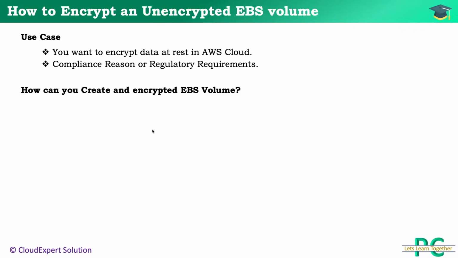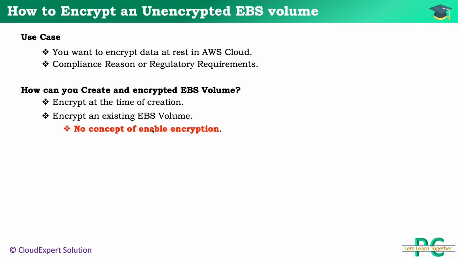Next, we will see how you can create an encrypted EBS volume. First step, while creating an EBS volume, you can encrypt at the time of creation. Now you must be thinking, if I already have an EBS volume which is not encrypted, how can I encrypt an existing EBS volume? One thing I would like to mention, there is no concept of enabling encryption on an EBS volume.